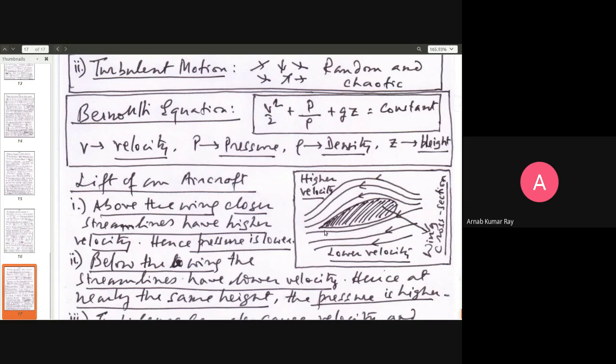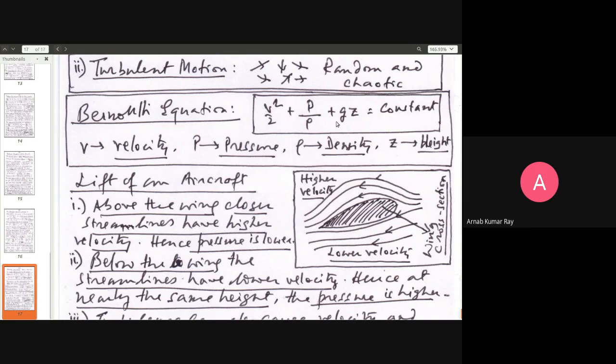Here, this face is flat and these streamlines are going in the opposite direction, but they are not bunched up very closely. Here, they are being bunched up very closely. So these streamlines don't want to be bunched up. So as we want to bring them closer, they will be moving out more quickly. Okay. So if that is what is happening, then above the wing, closer streamlines have higher velocity.